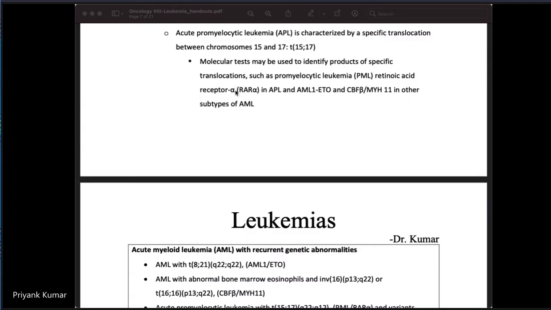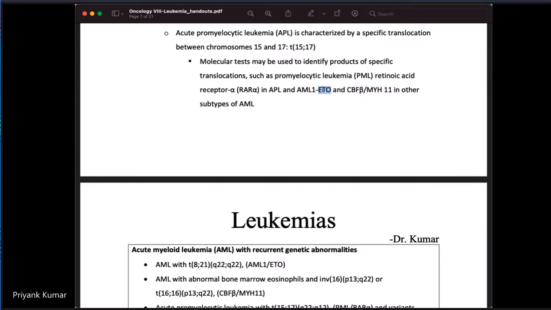RAR alpha, retinoic acid receptor alpha, is also a nuclear receptor. Then the fusion of AML1-ETO can also be seen. That is also called the translocation t(8;21), between chromosome 8 and 21.